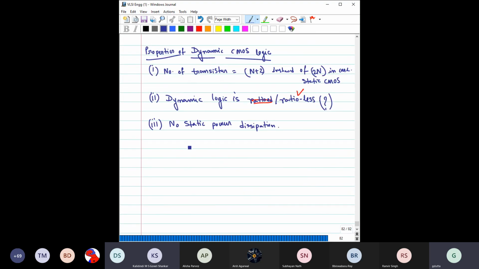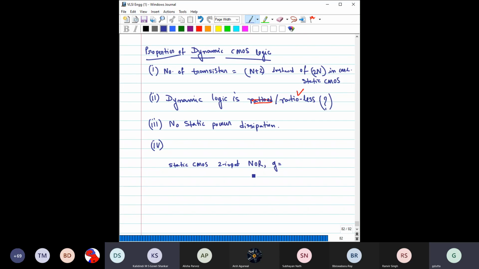Okay. Now maybe one more thing I will add here, but before that I will ask you one thing. For static CMOS, two input NOR, what is the logical effort?